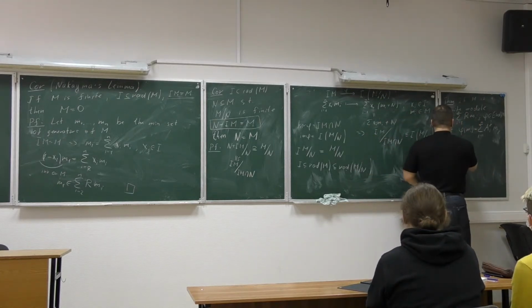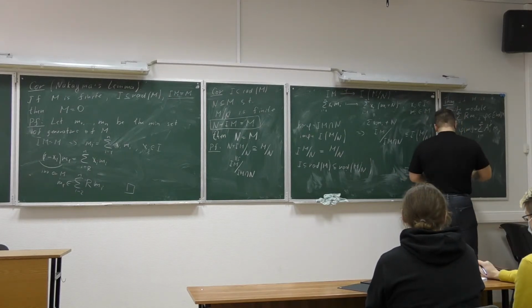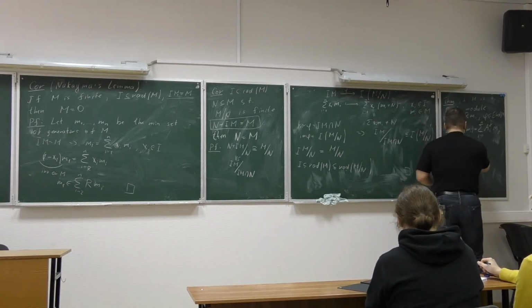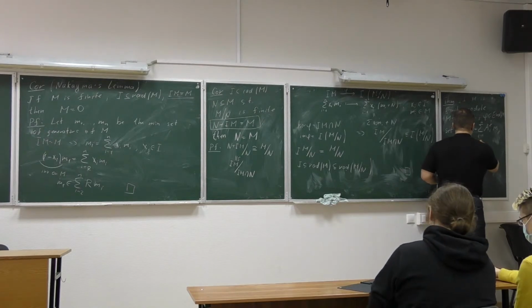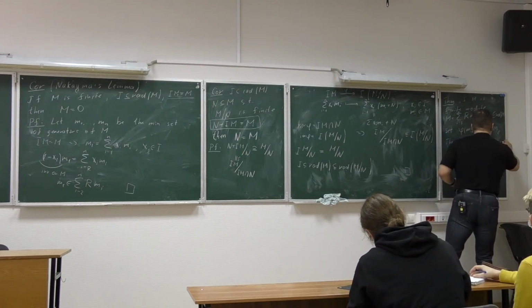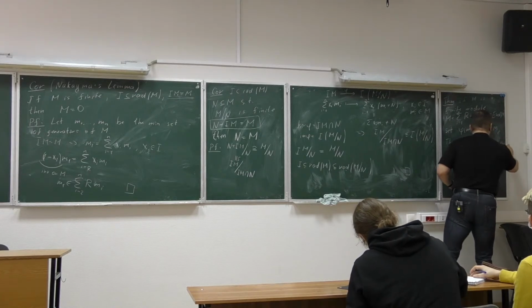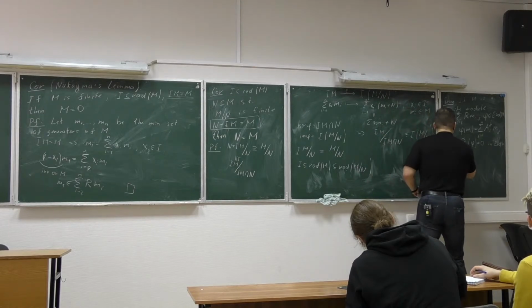So then, the Cayley-Hamilton theorem tells us that if you consider the characteristic polynomial of this matrix and evaluate this characteristic polynomial on the endomorphism phi, you will get 0 in the ring of endomorphisms.